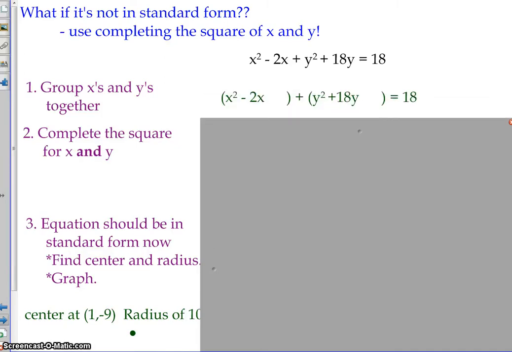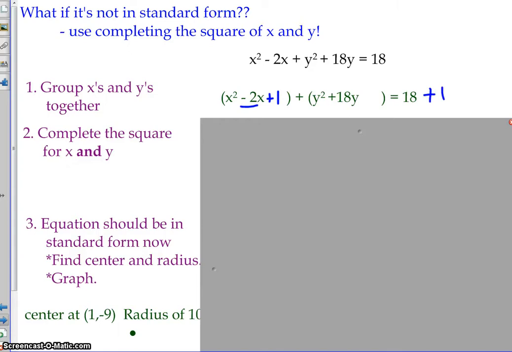Here I moved everything: my x terms over here, my negative 2x, my y squared, my 18y, and my 18. That's my first step. Now it's like you have 2 completing the square processes. If you remember, completing the square says look at your b, take half of it, which in this case would be a negative 1, square it, and add it to one side. And I'd add it to the right side too.